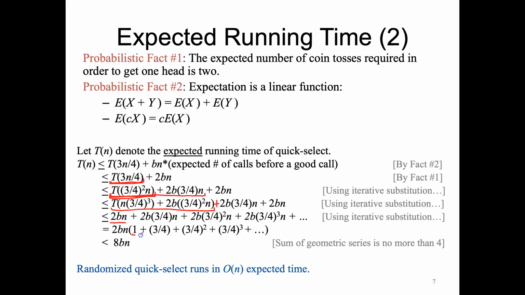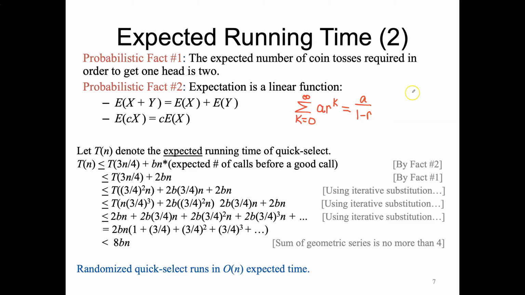And then from there, we can replace this summation with 4, since we know it can't exceed 4, and the reason for that is that this is a geometric series. Let me refresh. If we take the sum of the first n terms, or in fact even to infinity, of some number a times some number r to the kth power, this is equal to a times 1 over 1 minus r, as long as r is not 1.